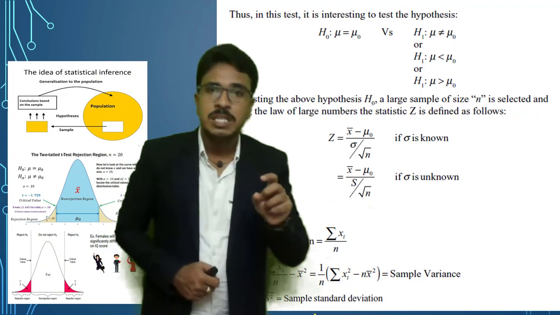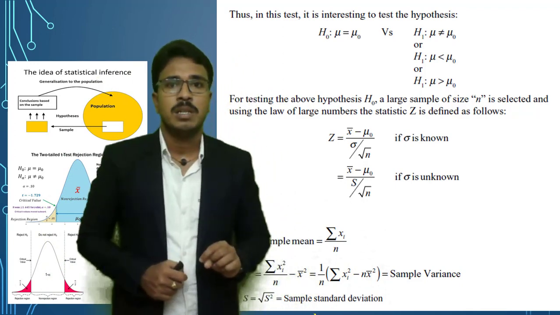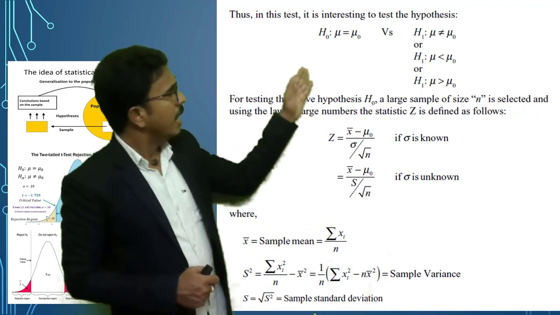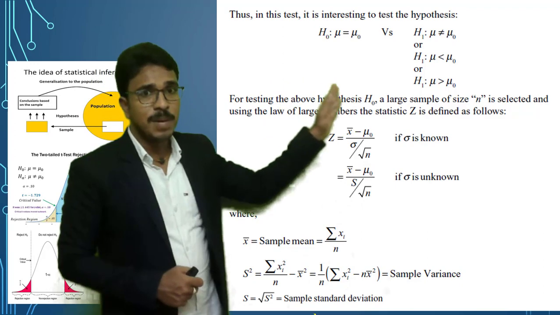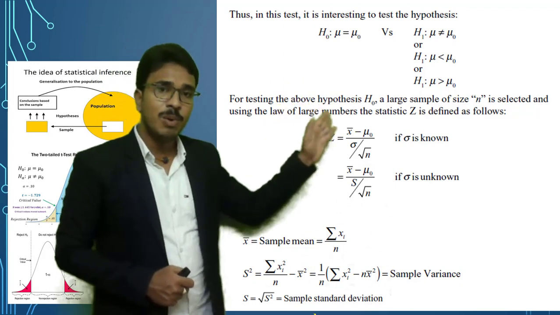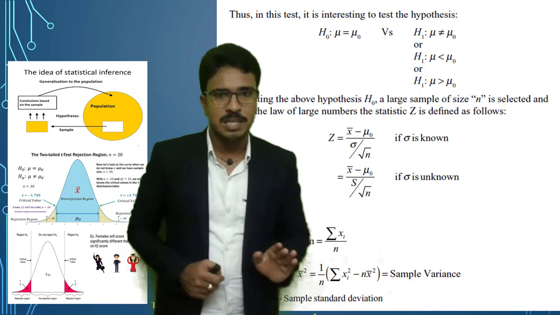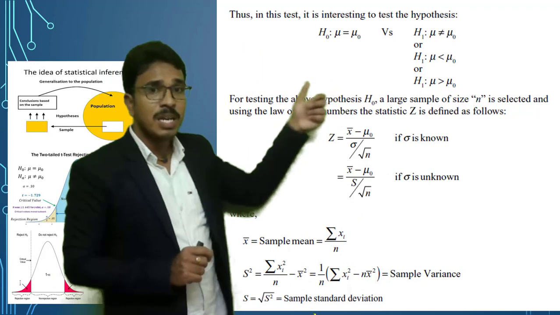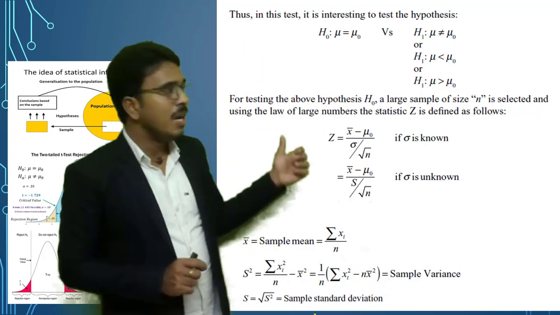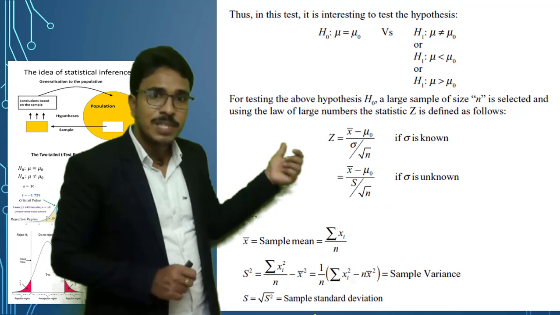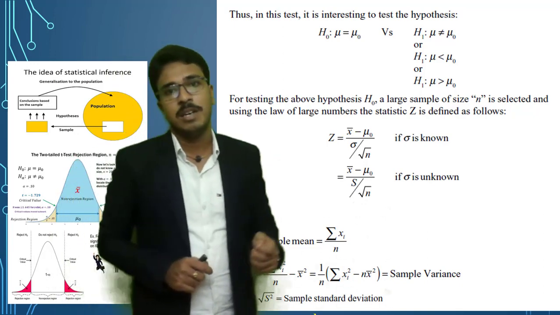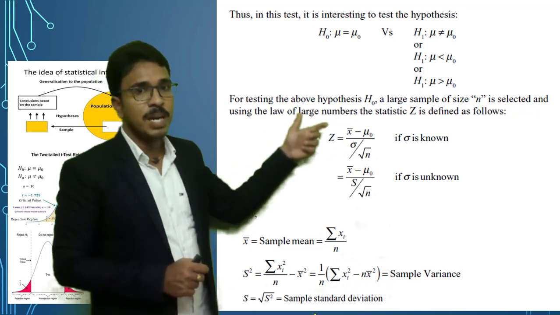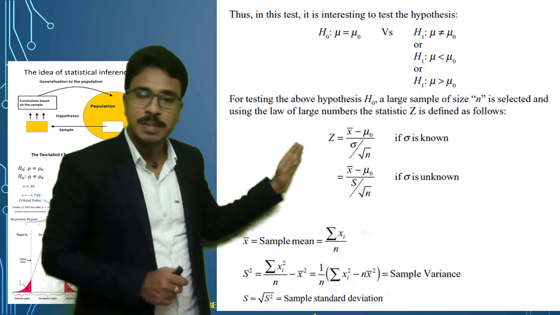If this value is given in the problem, then we can use the first formula, that is Z is equal to x bar minus mu naught divided by sigma by root n. Here, n is nothing but the sample size. Suppose the population standard deviation sigma is not given in the problem and you are given only capital S, the sample standard deviation, then you have to use the second formula, x bar minus mu naught divided by S by square root of n.